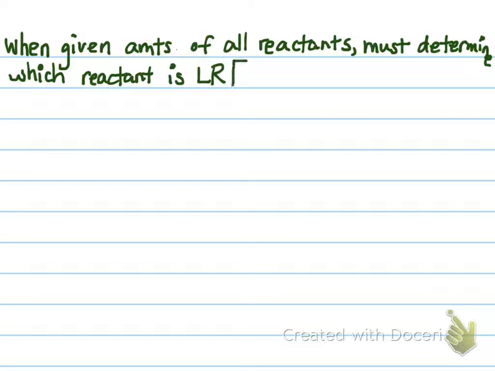This is your clue that your problem is a limiting reagent problem, even if it doesn't say it. If you're given the amounts of all the reactants, you know that it's a limiting reagent problem. First you have to decide which one of the reactants is your limiting reagent and which one is your excess reagent.